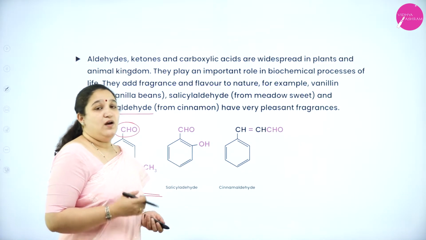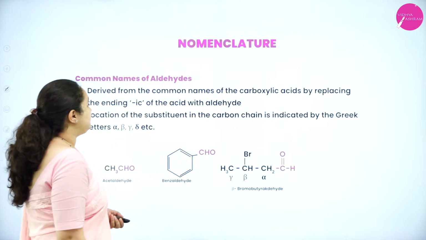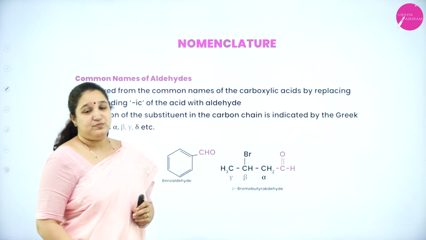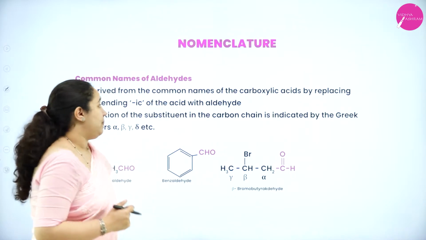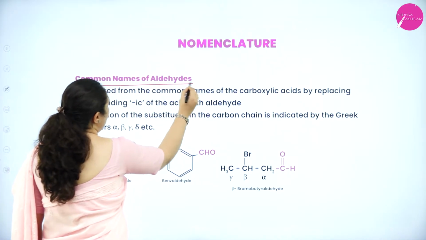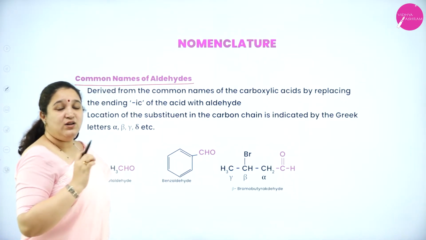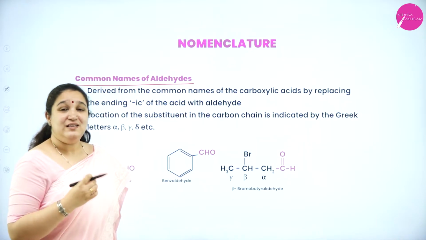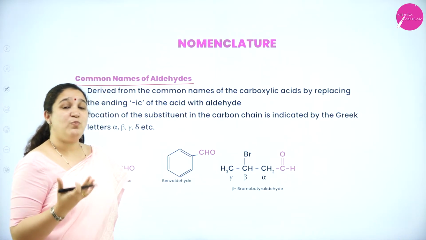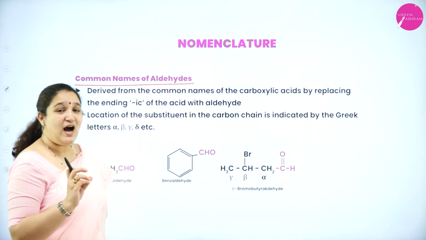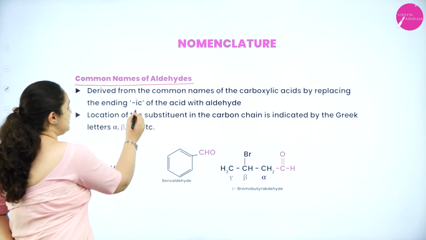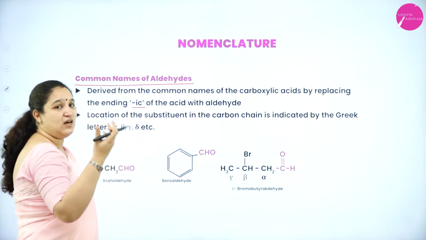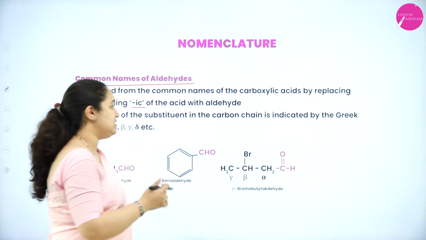Next is the nomenclature. Under nomenclature, first we'll study the common names of aldehydes. These are derived from carboxylic acids, in which the IC of the carboxylic acid ending is removed and aldehyde is added.